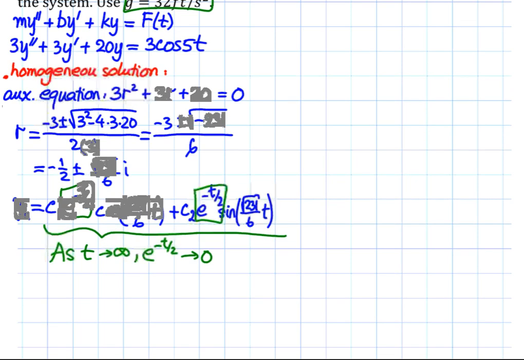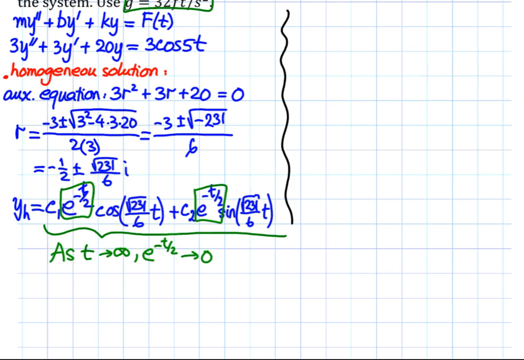So the steady state solution does not include the homogeneous solution. So what we do is just find the particular solution for this problem, and if it is stable, then that will be the steady state solution.